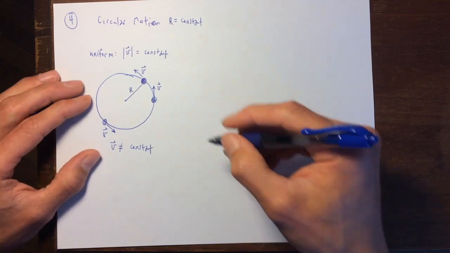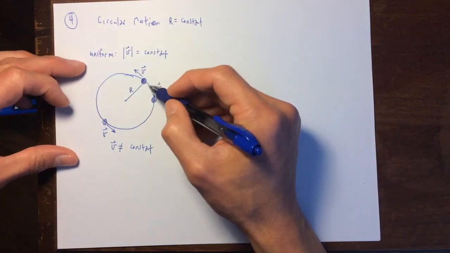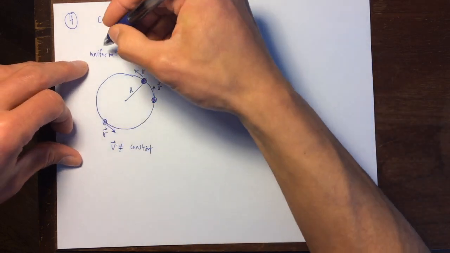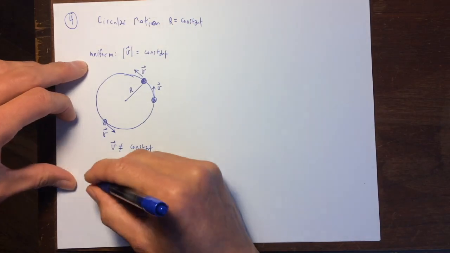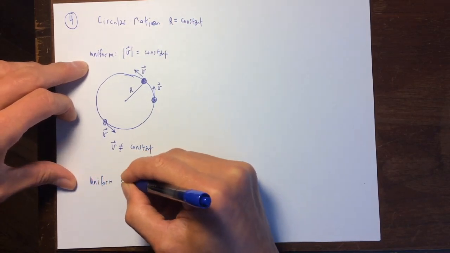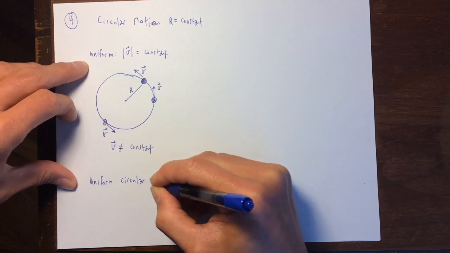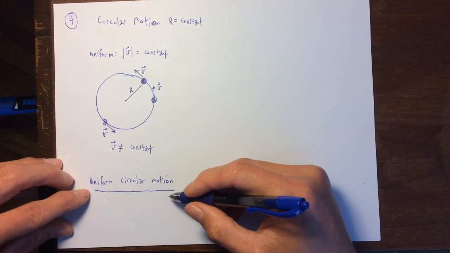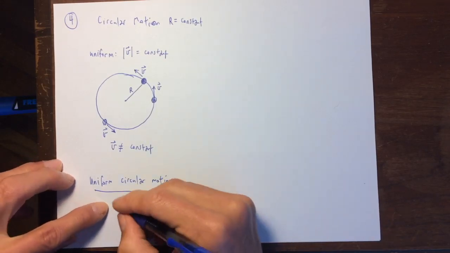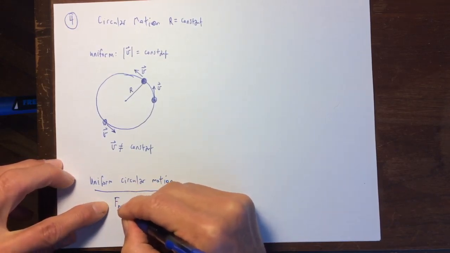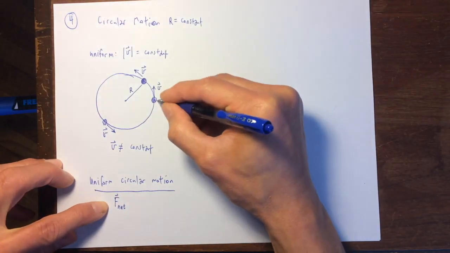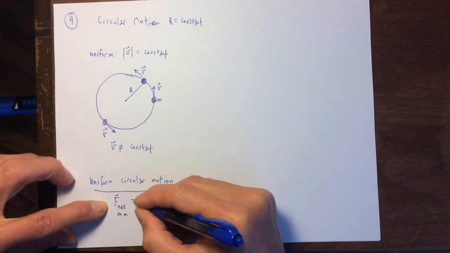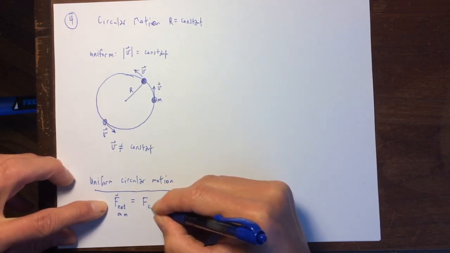All right, so the reason why this object can go in a circle, in particular for uniform circular motion, has some very careful rules. In particular, the net force on, let's say this little object has mass m, is purely centripetal.